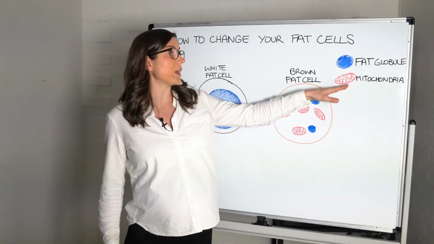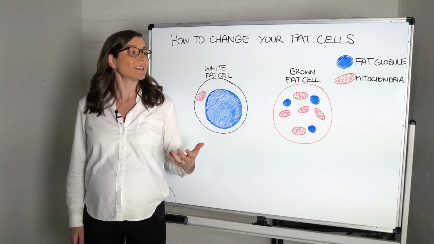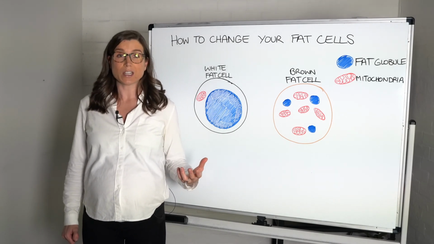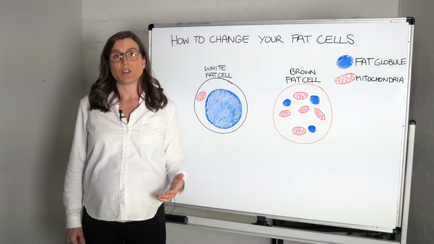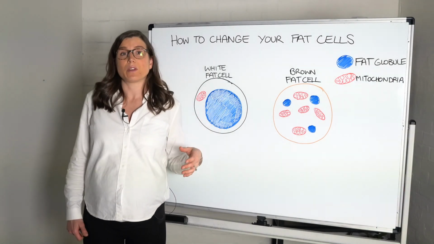The mitochondria is the powerhouse of the cells. Basically in the mitochondria, this is where glucose and fat is burnt and turned into energy so the cell can function, and that way you're actually using up the glucose and the fat.